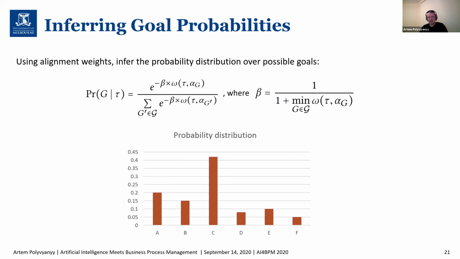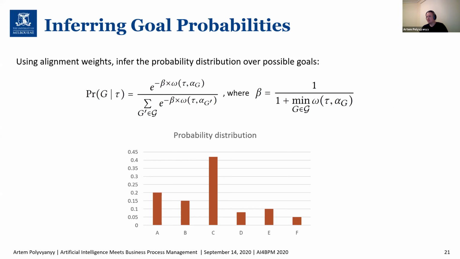Basically because my colleagues who are experts in goal recognition suggest that this is the state-of-the-art way of doing this in the AI area for recognizing the goal, and it also allows us to use this parameter beta over here, which is like a temperature that controls the level of confidence of the goal recognition we are doing.